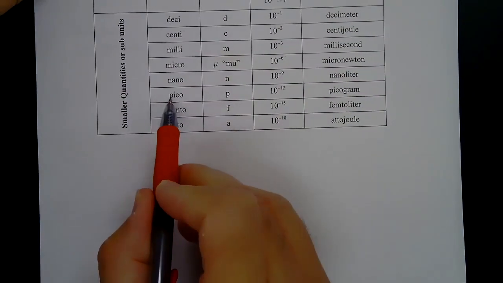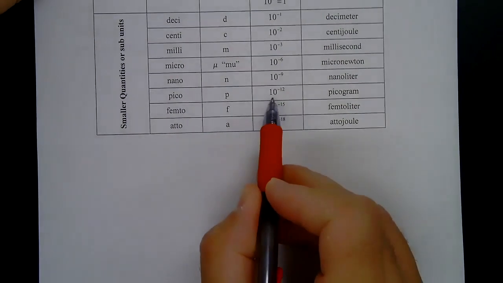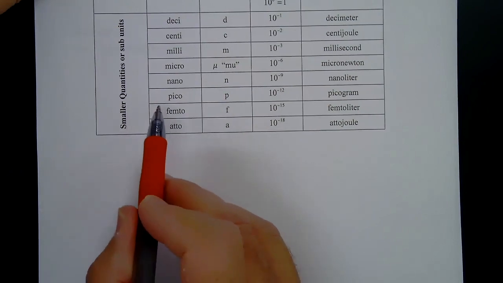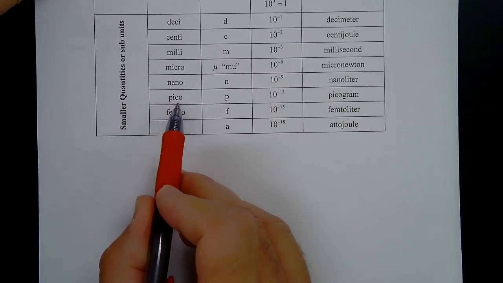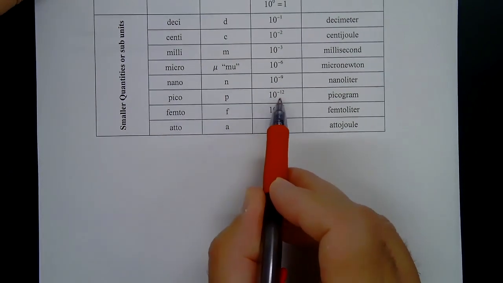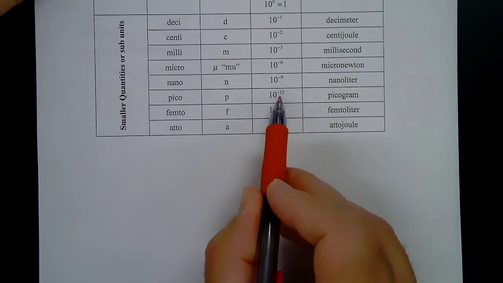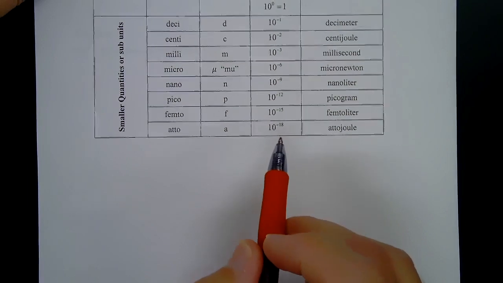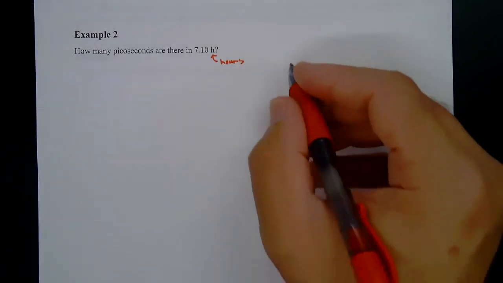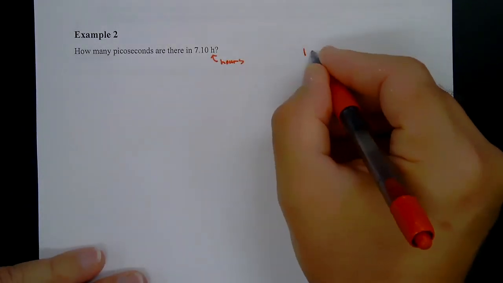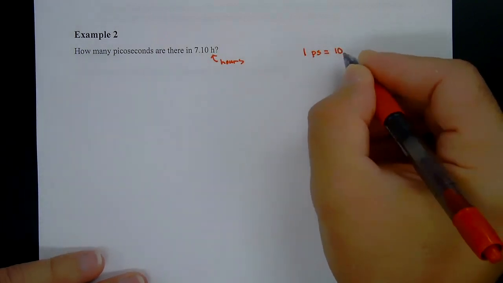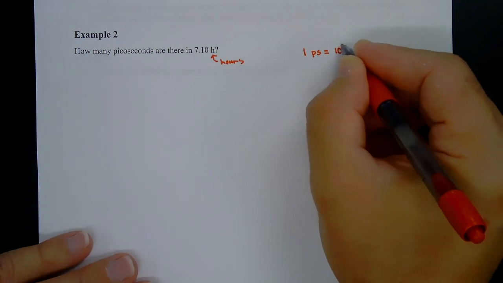So we know 1 pico of something is equal to 10 to the negative 12th of something. So the something here is seconds. So 1 picosecond is equal to 10 to the negative 12th seconds. I included this chart for your homework tonight.